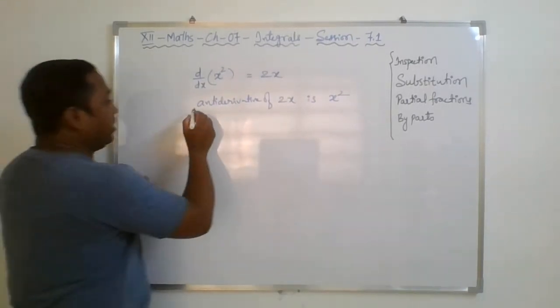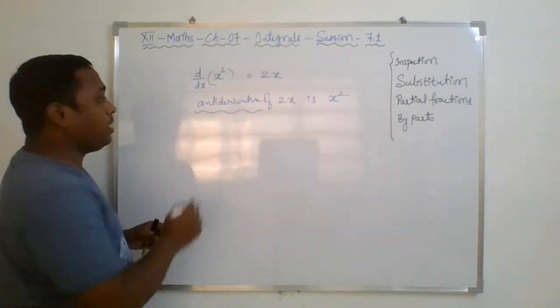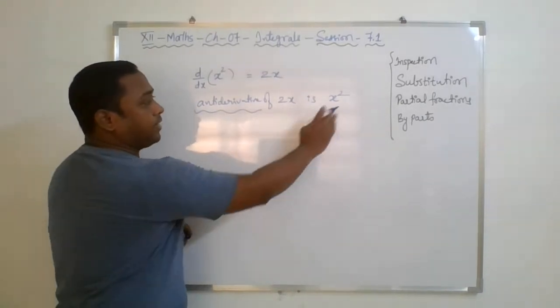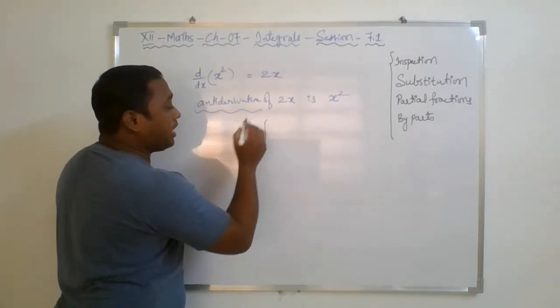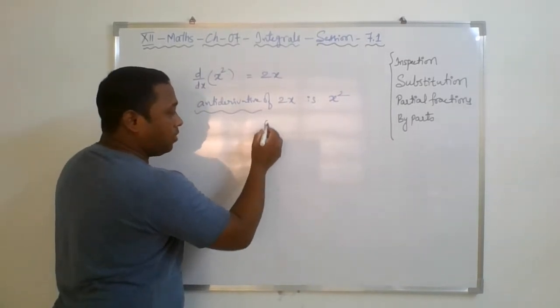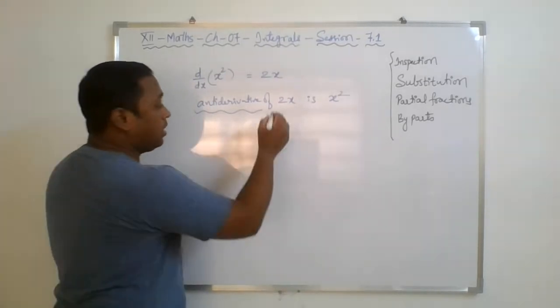Instead of writing antiderivative, we can also say the integration of 2x is x square, and symbolically we write this with a symbol used to represent integrals.